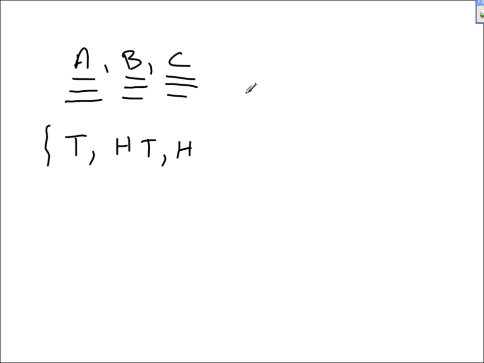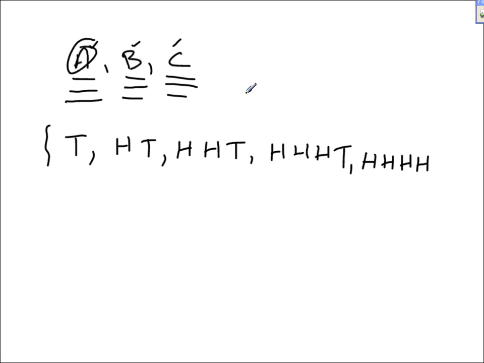Or Abe and Betty get heads, and then Carlos gets the tail. Or they all 3 get heads, and then Abe comes back and wins. Or Abe, Betty, Carlos get heads, it starts again. Abe gets a head, Betty gets a head, Carlos comes and wins.